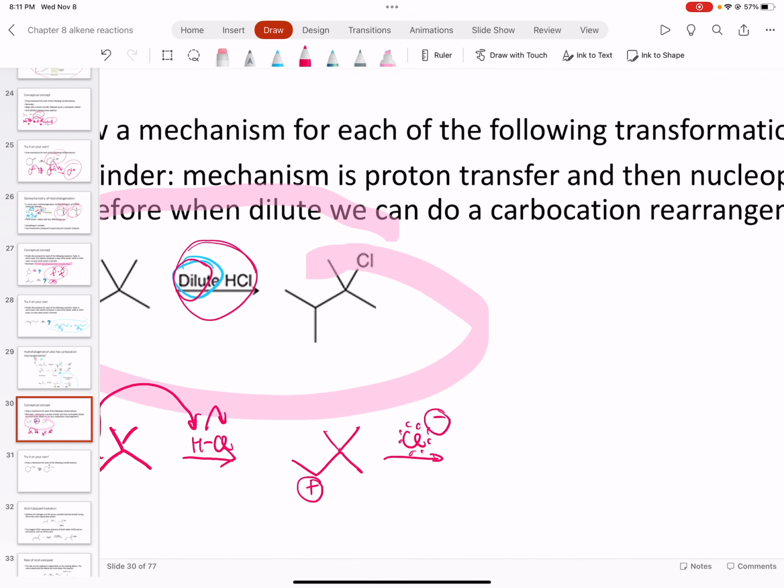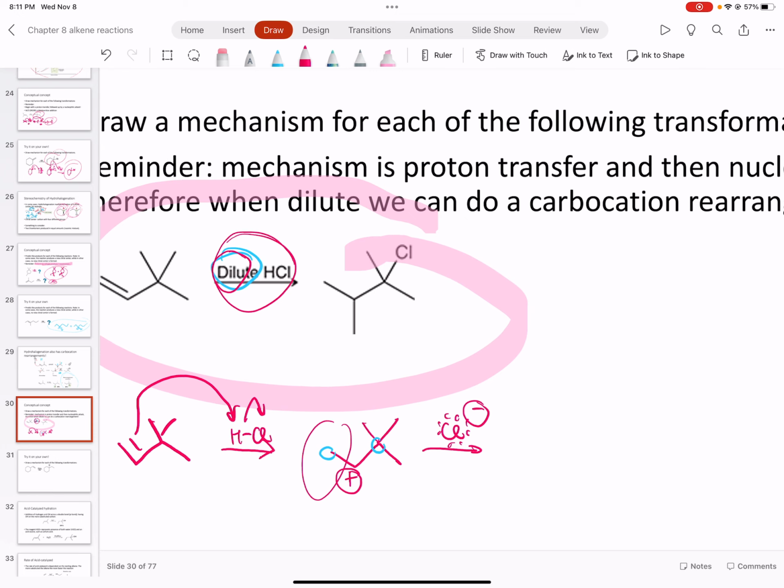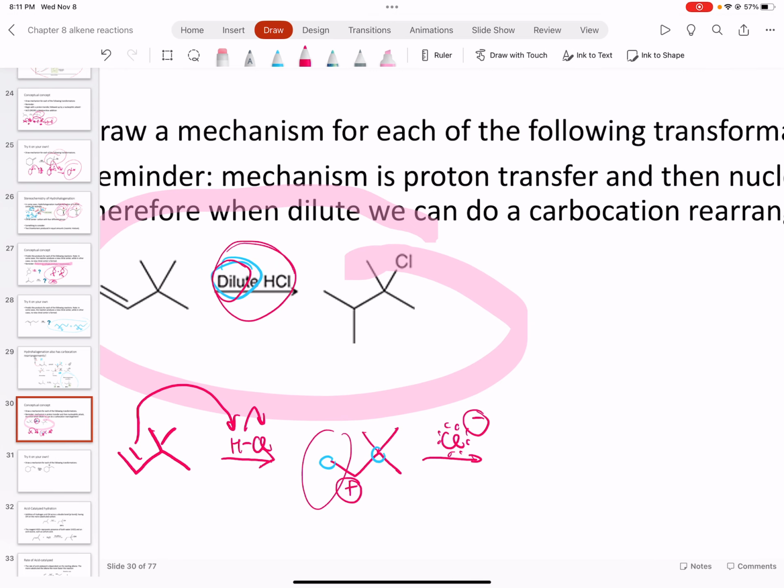But remember, we can do carbocation rearrangement. When we do carbocation rearrangement, we consider the carbons that are next to that positive charge. So if we look at the left side, technically we cannot do anything, because we would get a primary, and right now we're sitting at a secondary, so we cannot make it more stable.